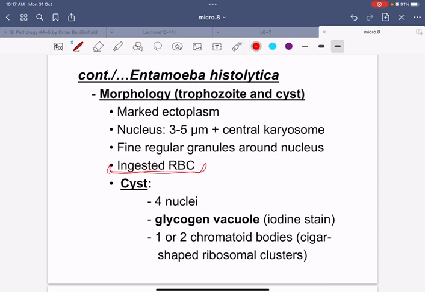Look, when I say trophozoite, when I say cyst. Now the cyst, four nuclei. A glycogen vacuole, which can be stained by iodine. 1 to 2 chromatoid bodies, cigar shape. What is this chromatoid body? It is ribosomal clusters.